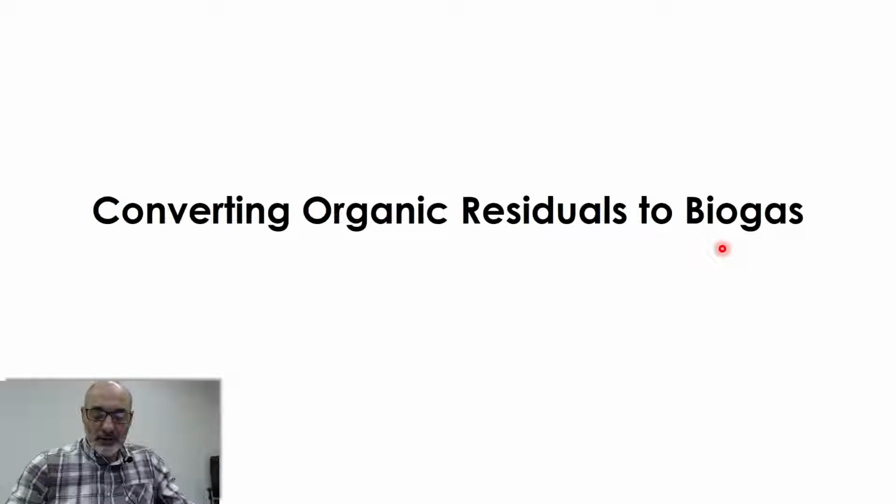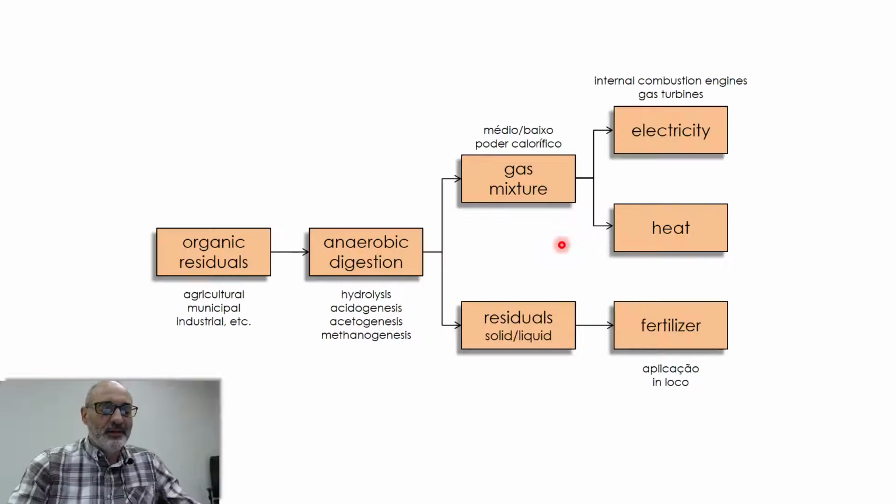There are a lot of important details related to this conversion of organic residues to biogas. By residues, it doesn't have to be an actual residue. It can be, for instance, something that you buy. Well, let's go.